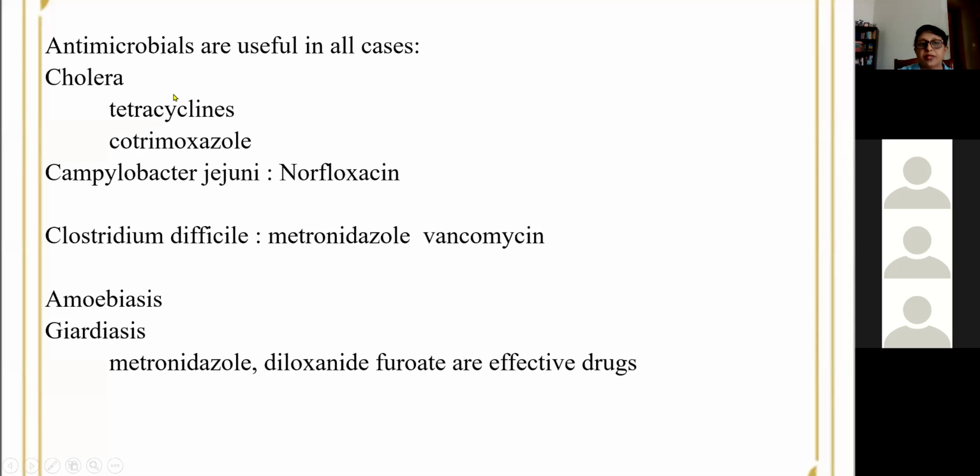The number one drug will be tetracycline, especially doxycycline. If you give one shot of doxycycline, it will be curable for cholera. Then Campylobacter jejuni, it is norfloxacin. Clostridium difficile, we have already discussed this.